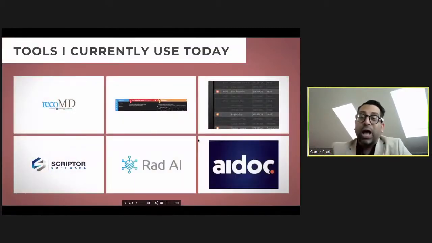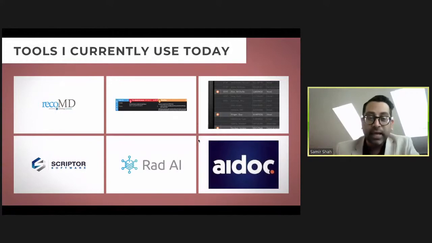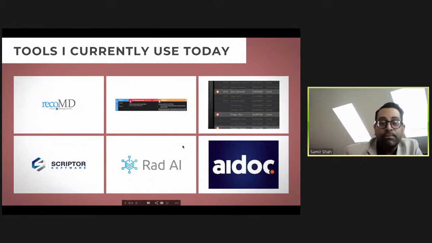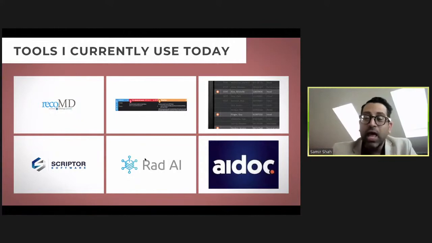So what do I use in teleradiology today? I have a number of widgets. I use computer vision technology from AI. I use impression generation technology from a company called RadAI.